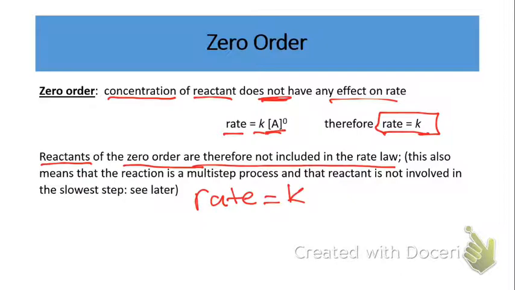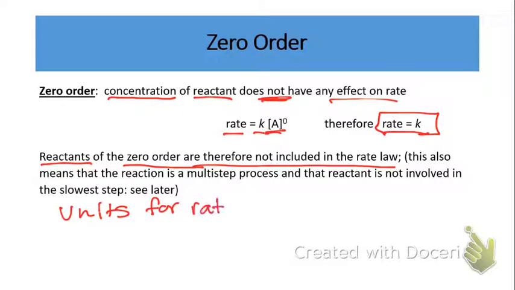So therefore, what are the units for K? Well, if the rate constant is equal to the rate, then the units of K are just the units of rate. So what are the units of rate? Well, let's write those down. The units for rate are moles per liter per second.